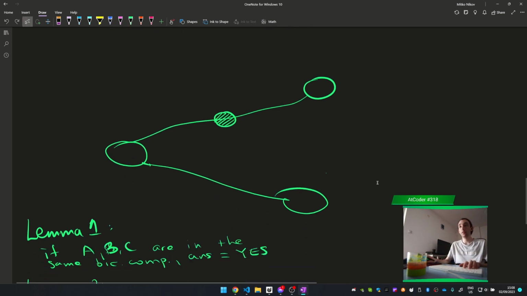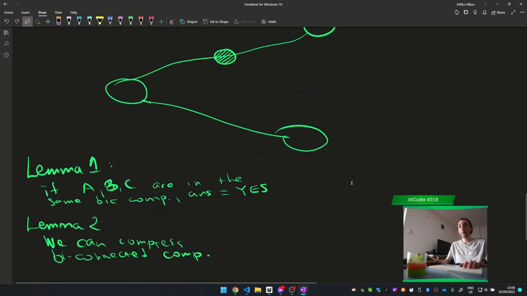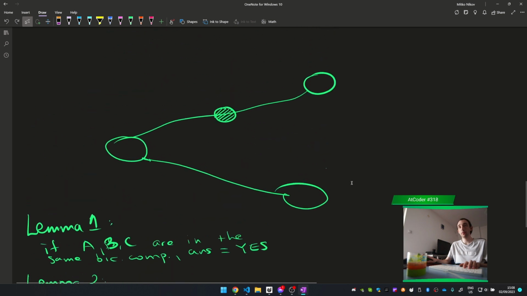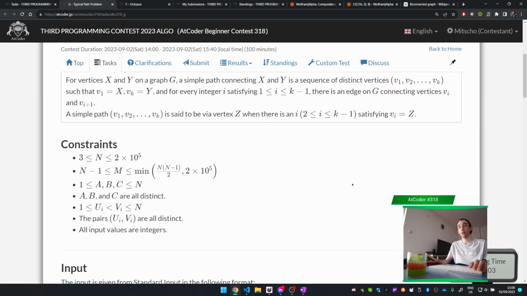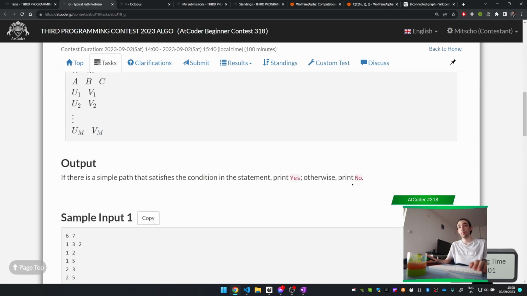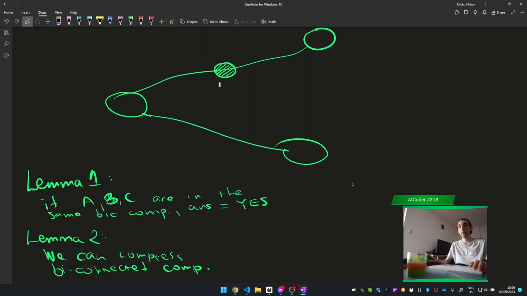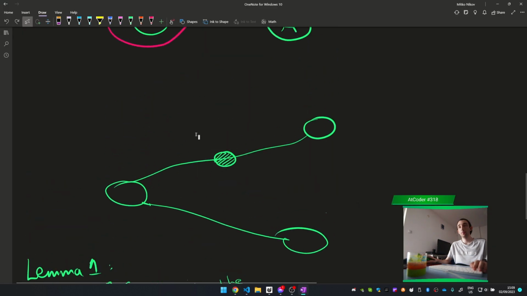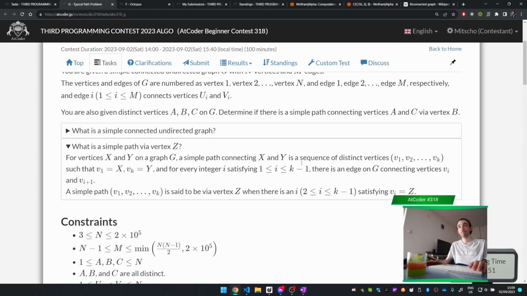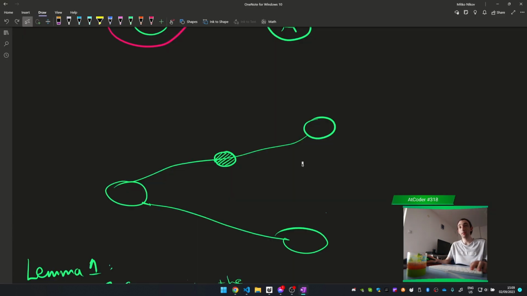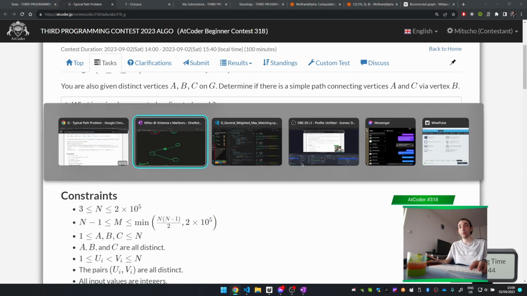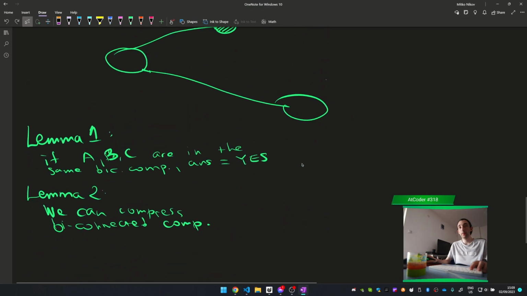Any idea here? Except the biconnected components. The graph is too big to run anything on it, except a DFS. And it's undirected, which means there's no luck in simplifying the problem any further.